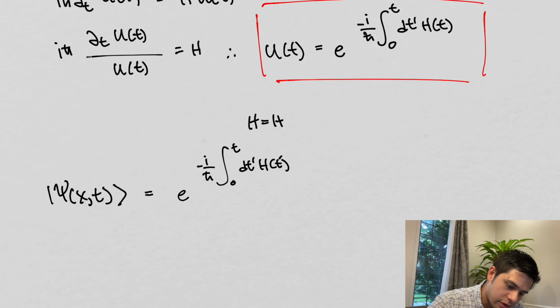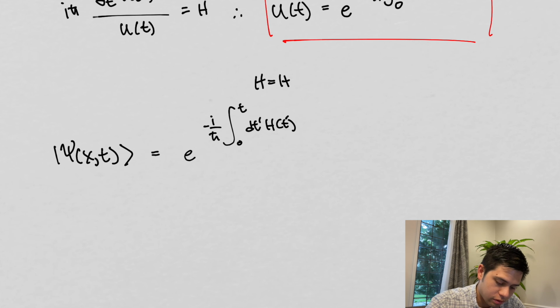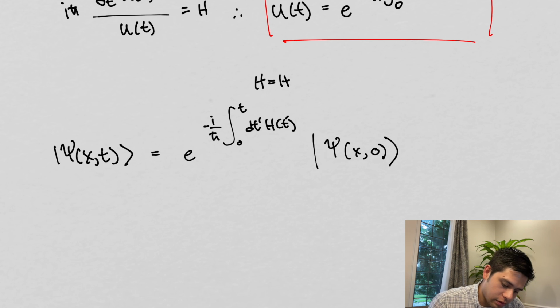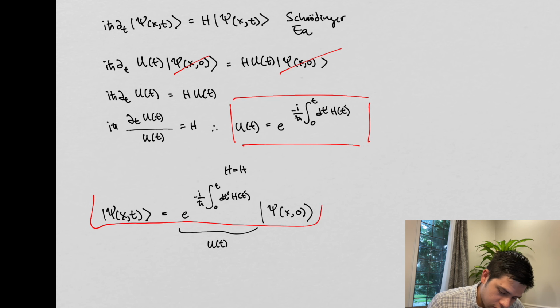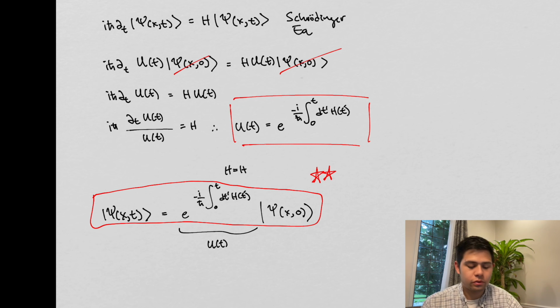We need a prime up here also, because dt' is the variable of integration, times the state x, where this here is u of t. So this is how our states evolve. And this is important. These two equations are important.